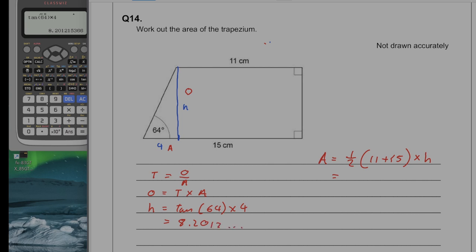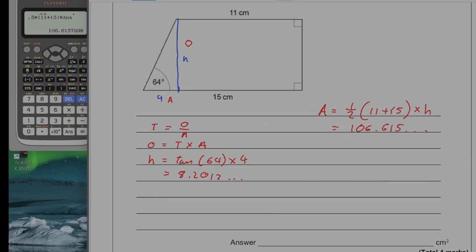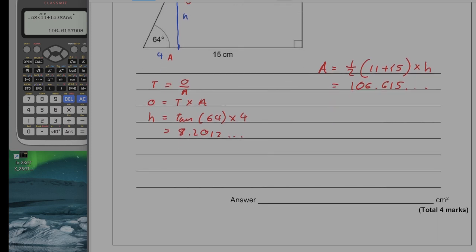I'm going to use that value here, so 0.5 times 11 plus 15, which is 26, times my last answer. That gives me 106.615 dot dot dot. So I'm going to go to one decimal place, 1 degree more accurate than the question: 106.6, and we've got the unit there.